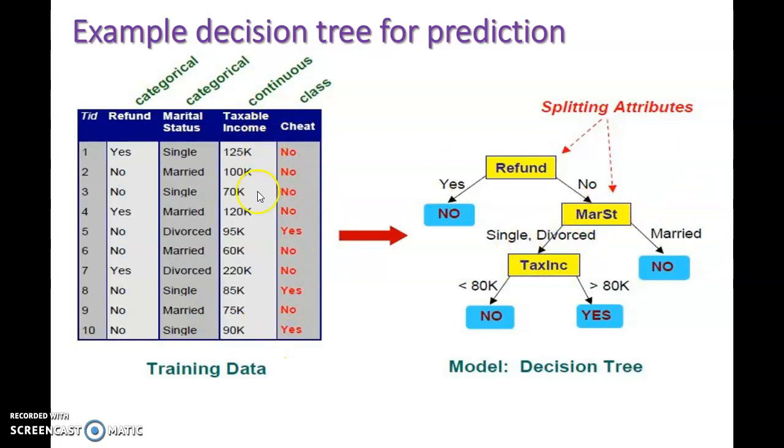Then taxable income is also split into two categories, that is income less than 80,000 or income greater than 80,000. This is one model of a decision tree based on this training data.